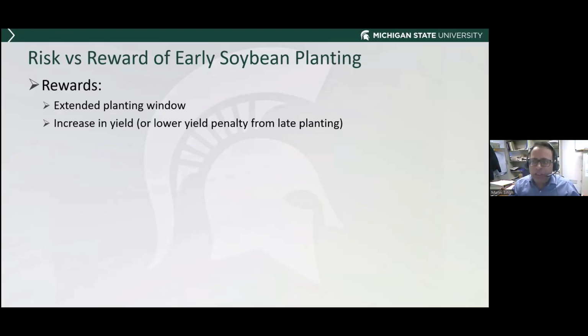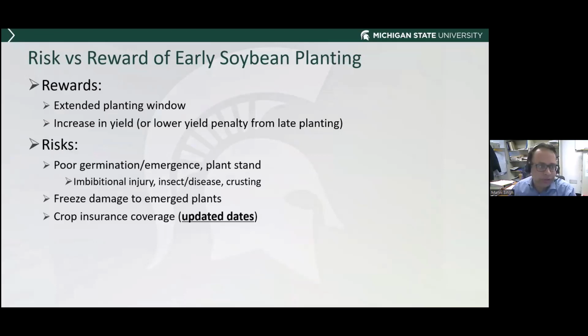Additionally, I was showing you data where we are able to improve our yield potential just by planting early. And I'll show you more data showing we might be able to change other management to improve upon that yield potential, right? So definitely some potential rewards and benefits there. But again, it's not as simple, right? There are risks out there.